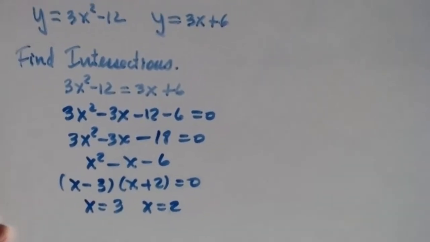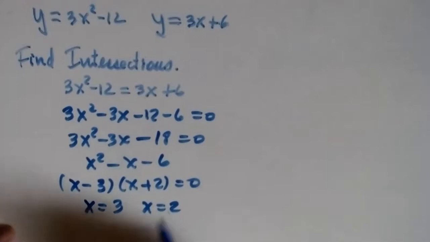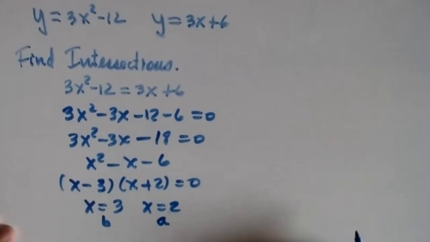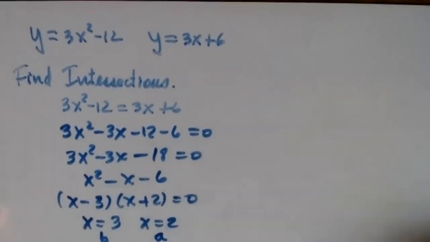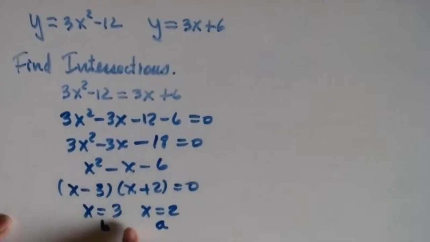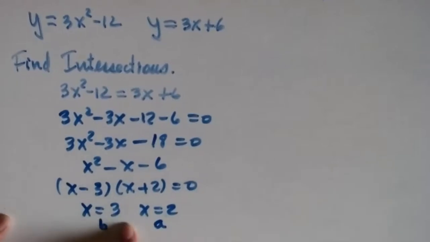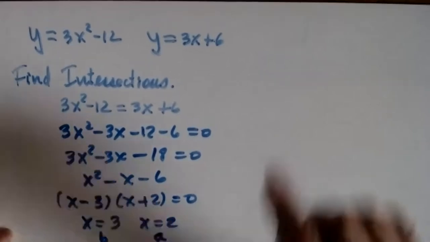Okay, now what? Well, this is going to be your A, this is going to be your B, right? And the only thing you have to find is who's the upper function. So, okay, between 2 and 3, what do you think is going to be the upper? Well, let's suppose 2.5.